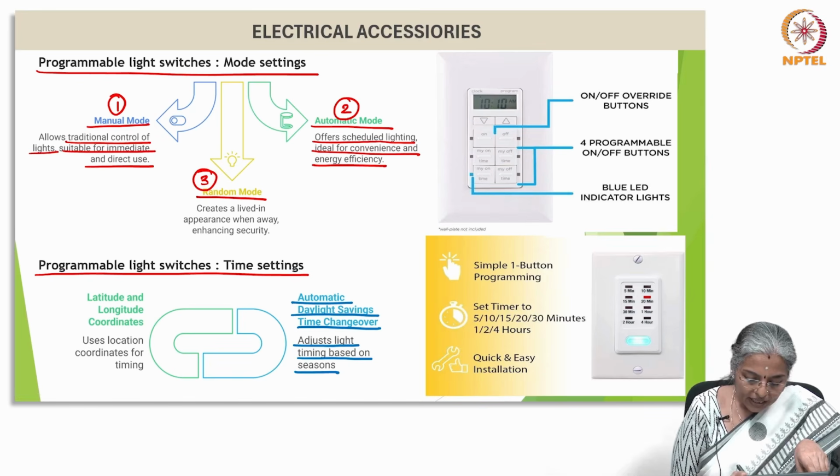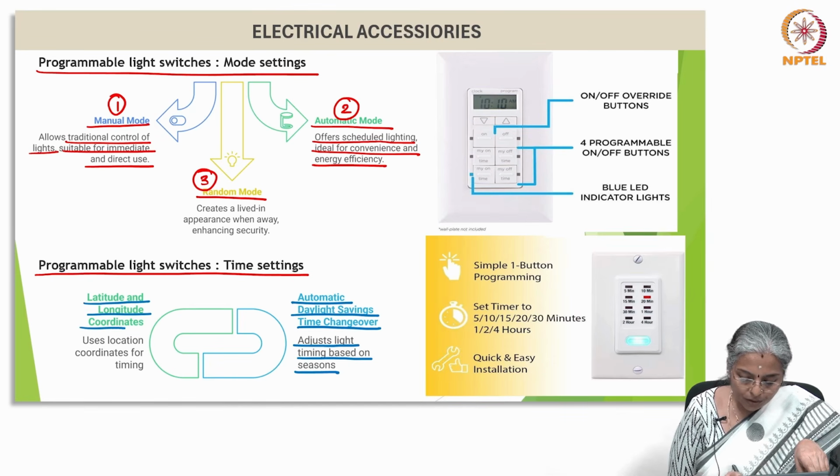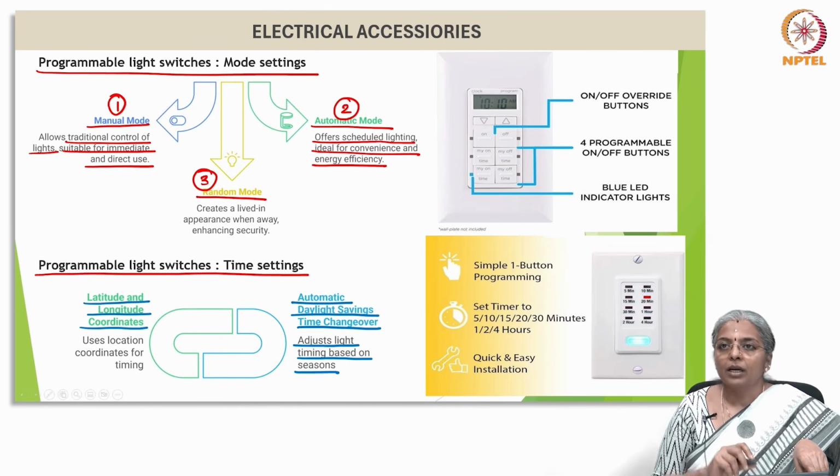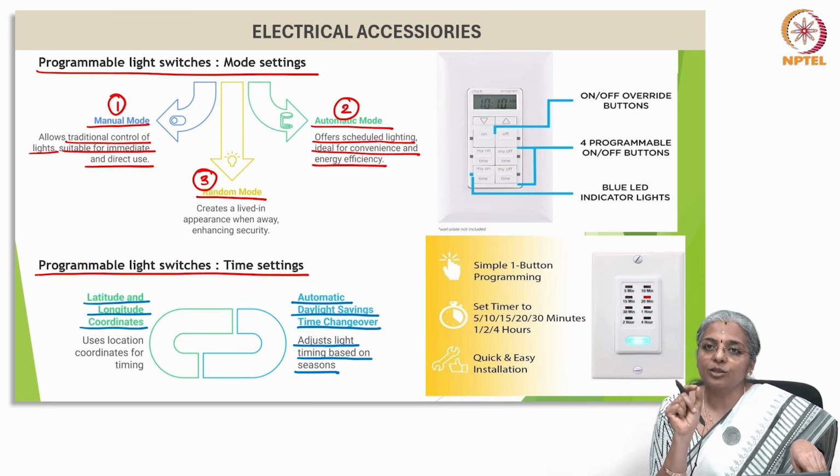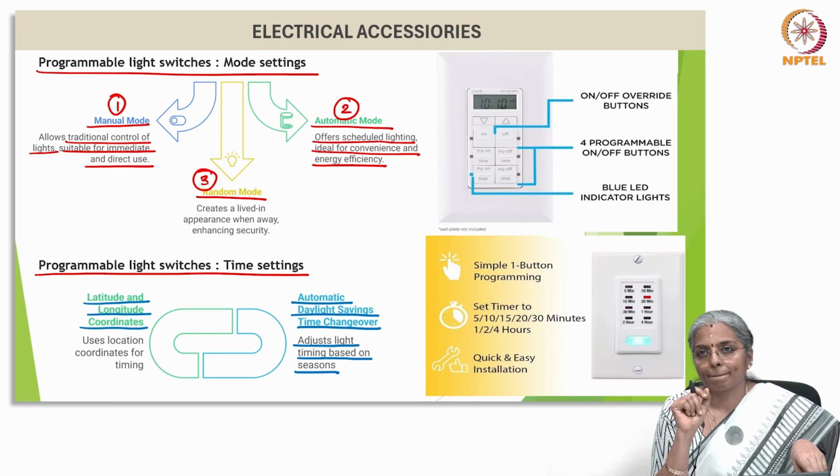Next is the latitude and longitude coordinates. This setting will involve coordinates to turn the lights on and off at sunset and sunrise respectively. It will get on during sunset and it will switch off during sunrise.